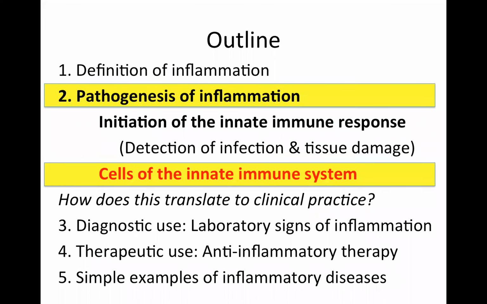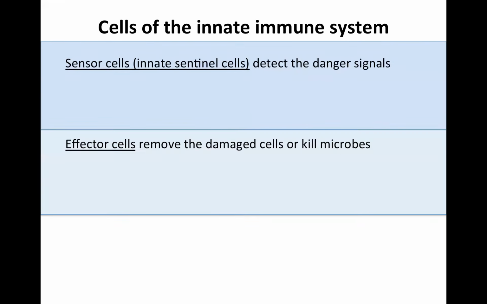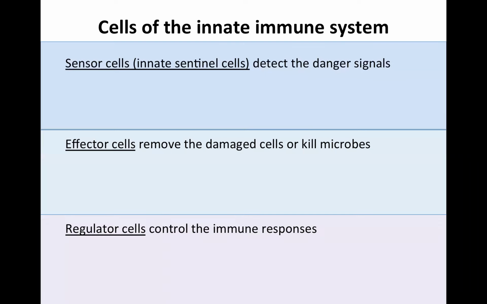So what are the cells which will detect these signals? First of all, we can classify the various cells of the innate immune system into sensory cells, sensor cells or sentinel cells, effector cells, which will kill the germs, and regulator cells, which control the whole immune response. From the sensor cells, the most important ones are the tissue-resident macrophages. To a certain extent, dendritic cells are also involved in this process, and they will help the tissue-resident macrophages.